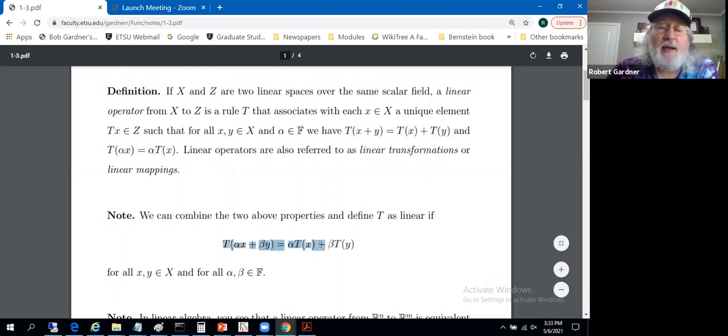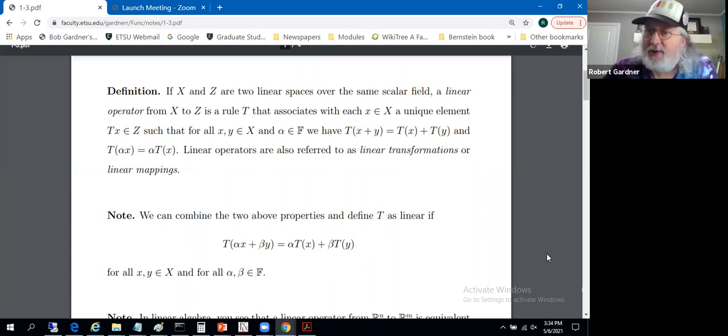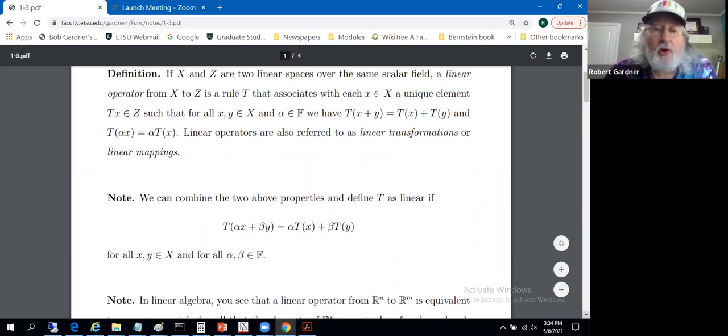If we were to apply linear operator T to a linear combination, alpha x plus beta y, in linear space capital X, then we get a linear combination on the right-hand side of the images, alpha T of x plus beta T of y. That's a linear combination with scalars alpha and beta and the vectors coming from linear space capital Z. So linear transformations preserve linear combinations, and that's why they're called linear transformations or linear operators.